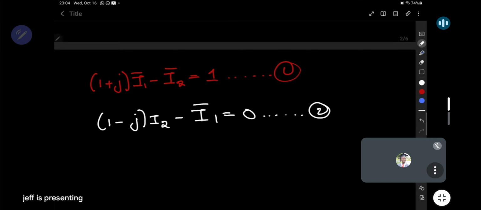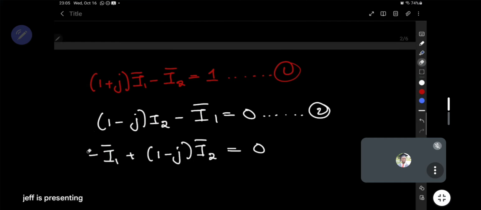If we did that, we're going to have minus I1 and then plus 1 minus J I2 is equal to 0. So now I just rearranged so that I start with I1. Everything else is supposed to stay the same.